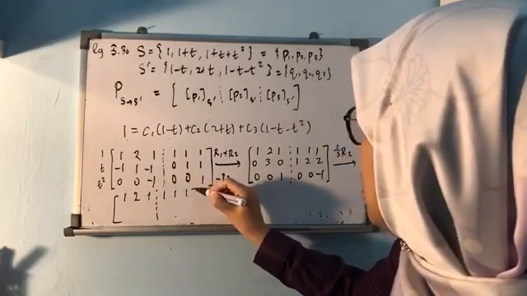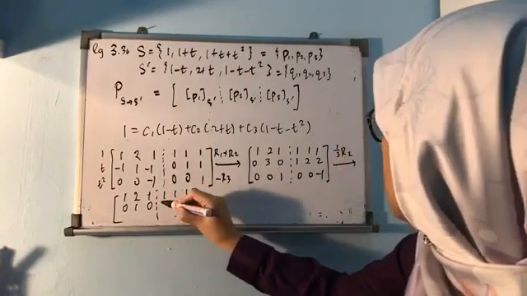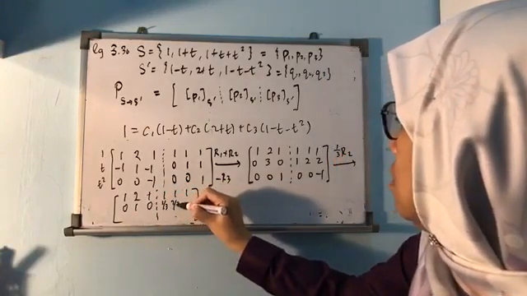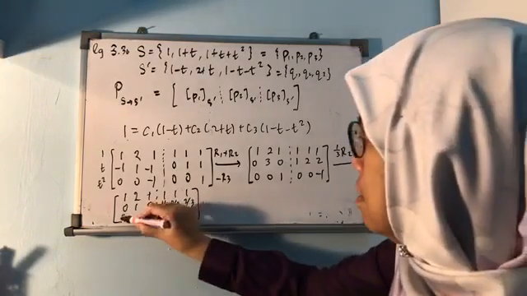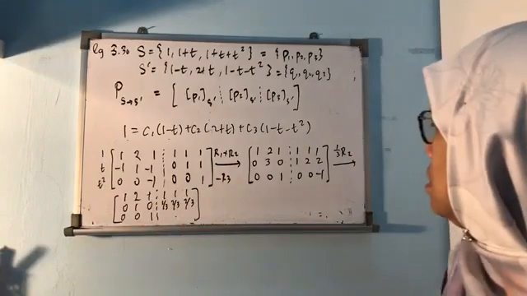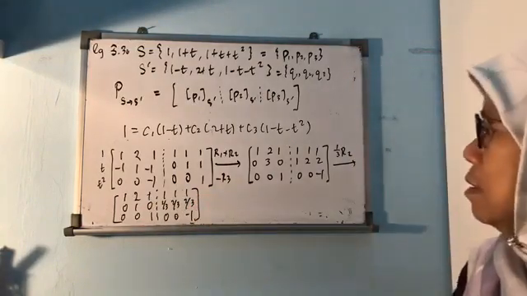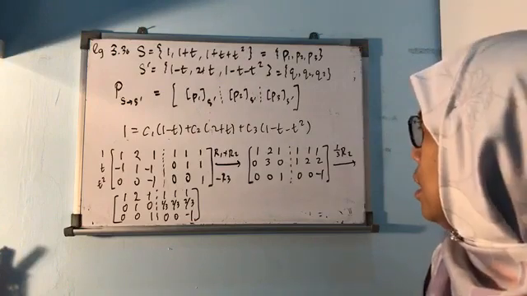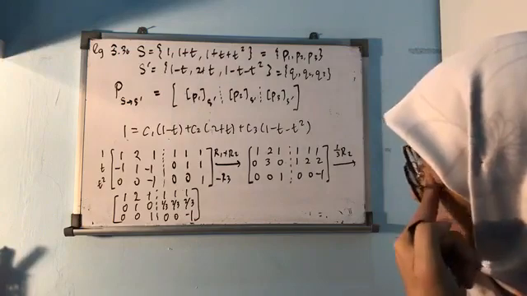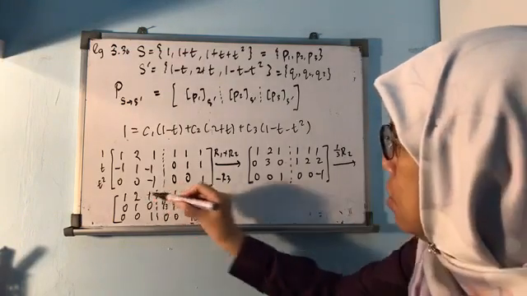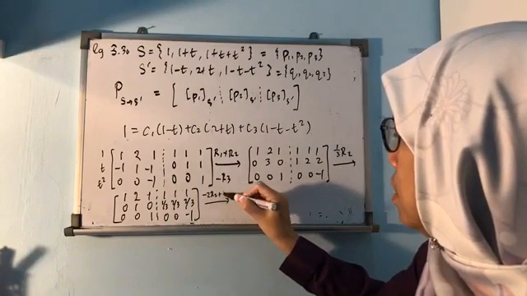So copy again 0, 1, 0, 1/3, 2/3, 2/3. And then 0, 0, 1, 0, 0, negative 1. So you have to make this 0, negative 2, row 2 plus row 1.